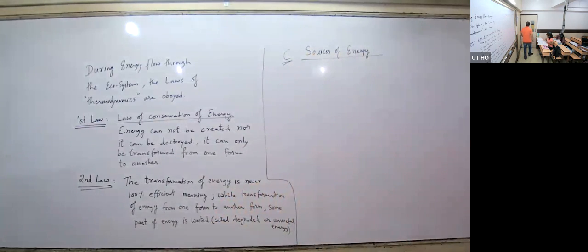So, what is the form of energy we are using today? The most used form of energy today? Are we using solar energy? Inside your house, electricity, right? All 24 hours, we cannot survive without electricity, right?